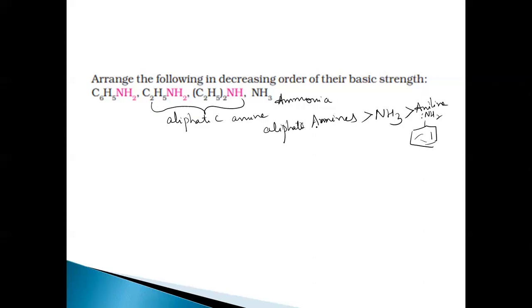Among these aliphatic amines, one is secondary and one is primary here. I've already discussed the order of these in my previous video, part one, where secondary amines are more basic than primary. So this is the order: secondary amine is more basic than primary amine.